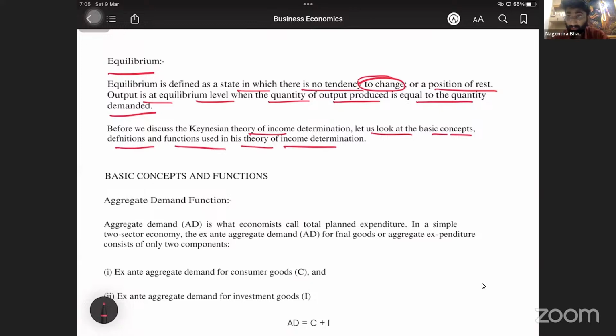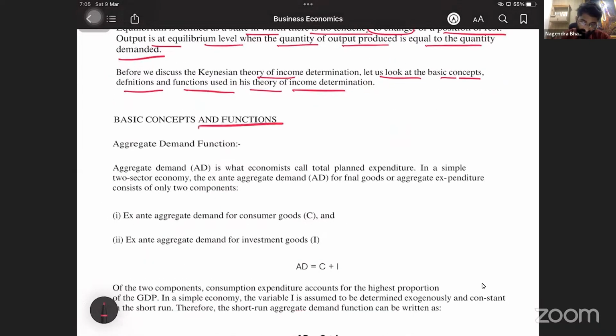You have to be very strong in these basic concepts. Once we are done with them, all other things we will understand automatically.